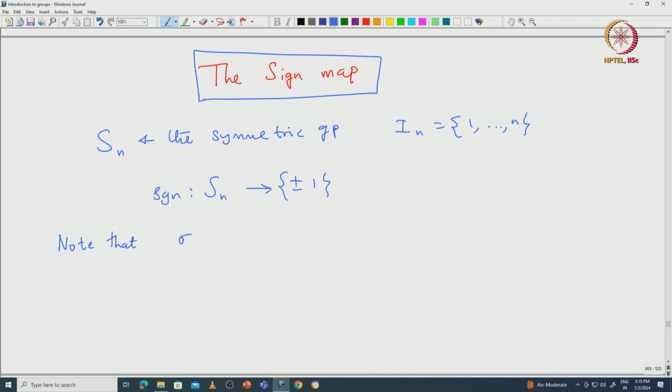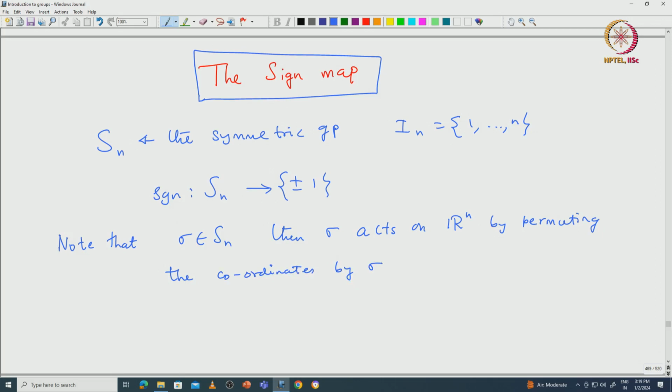If you start with some sigma in Sn, then sigma acts on Rn by permuting the coordinates by sigma. So, what is the meaning of that?